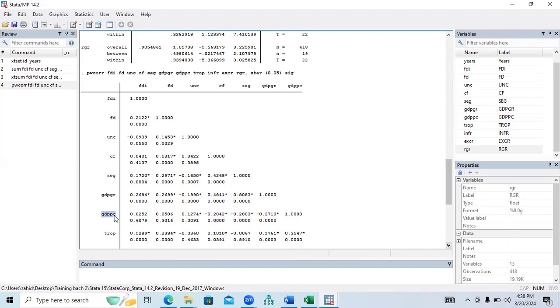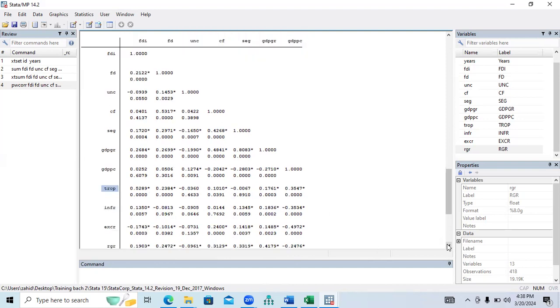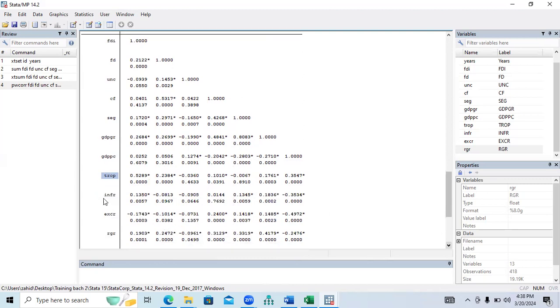Then you can see GDPPC, that is GDP per capita, and there is no issue of multicollinearity here. Then trade openness, no multicollinearity issue. Then inflation rate, there is also no multicollinearity issue.